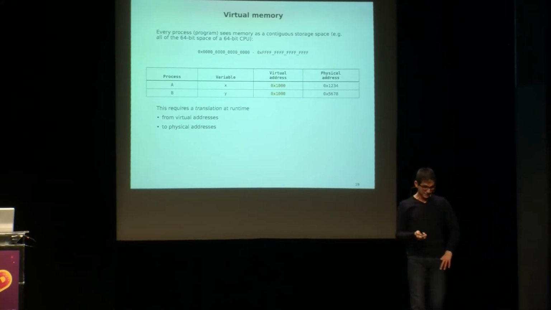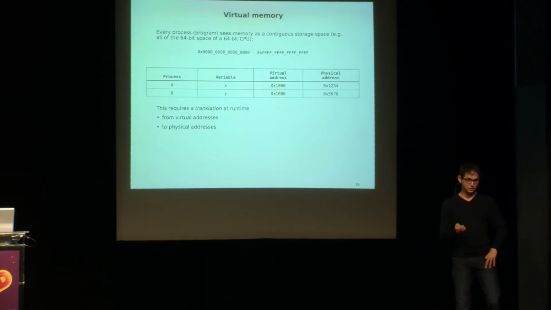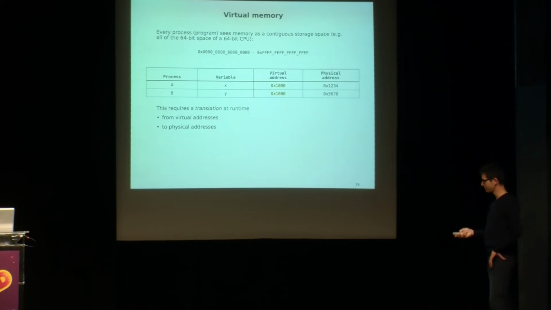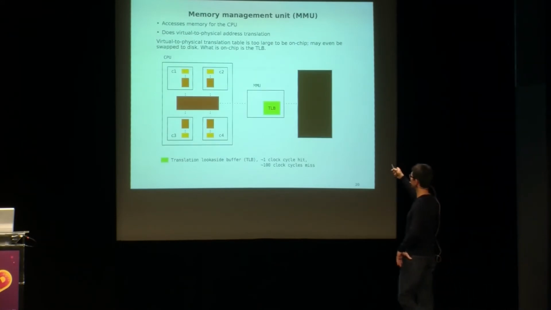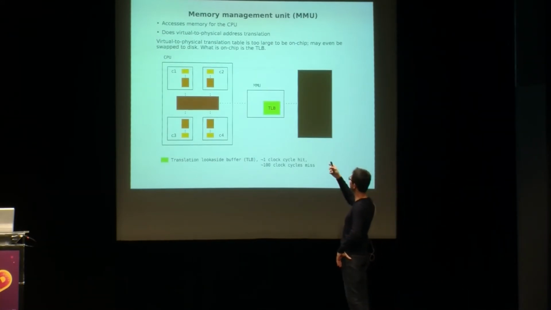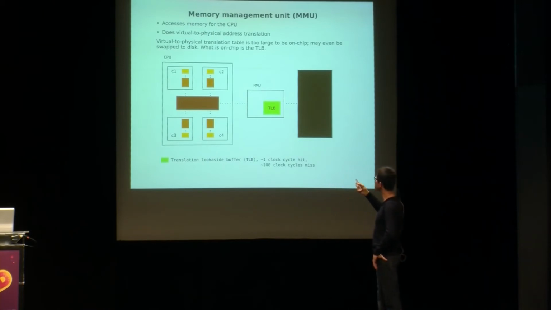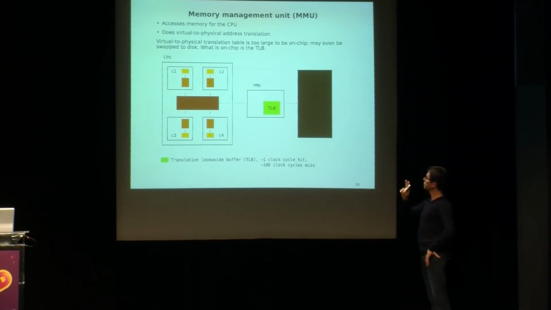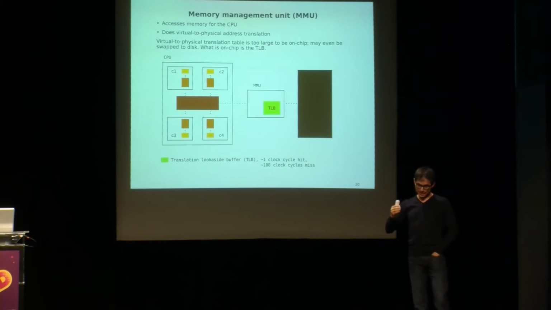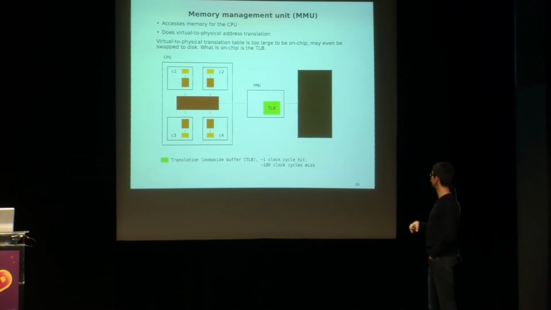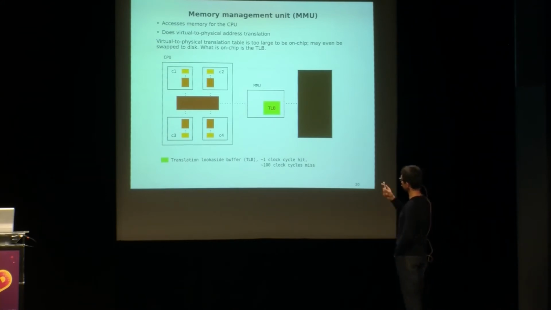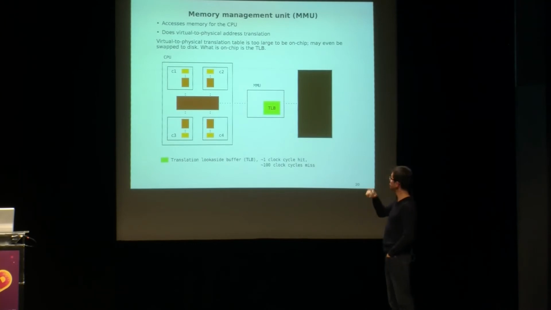And the CPU is not the tool that does this translation. There's this extra device in between the main memory and the CPU called the Memory Management Unit, MMU, with two main purposes. It does the actual memory access for the CPU and also does the virtual to physical address translation.